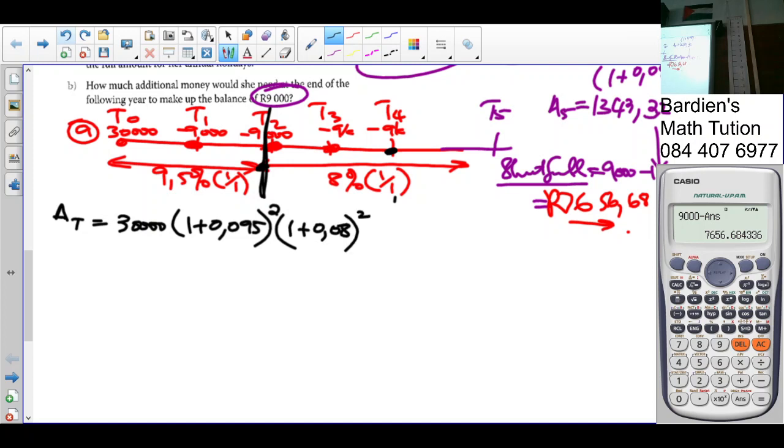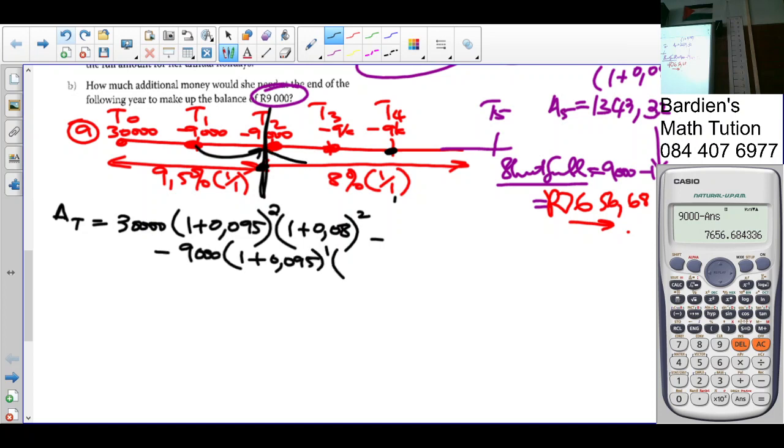So in other words, I've considered the 30,000 rand from start to the end of 4 years as if it's a straight investment. Then I take off the 9,000 rand for 1 year. So you say minus 9,000 rand for 1 year, so it's 1 plus 0,095 to the exponent 1.